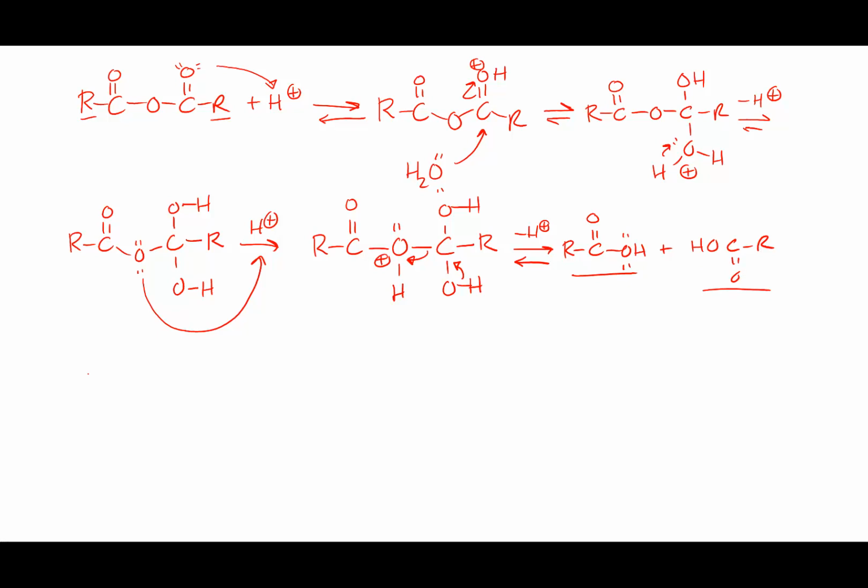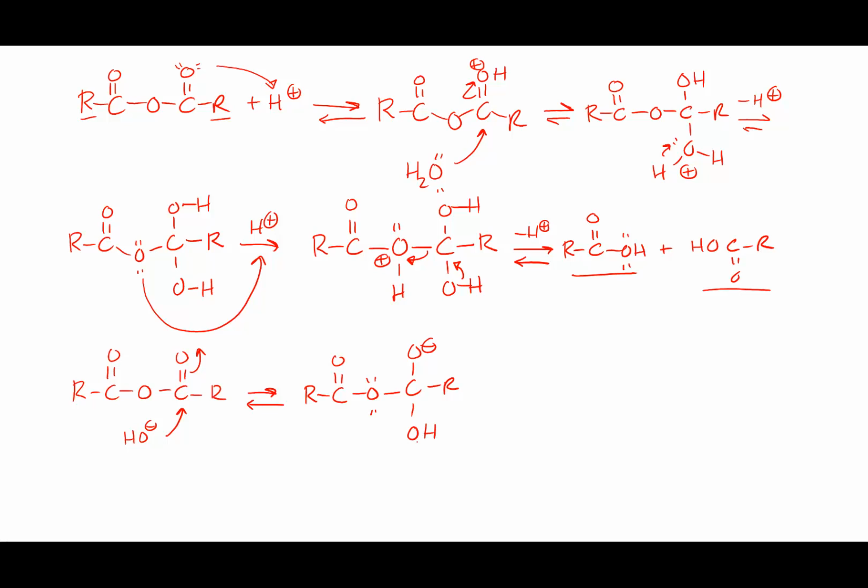catalyzed hydrolysis. The base catalyzed hydrolysis with the O- would basically be that the OH- would come in and attack the carbonyl directly. We would end up with an O- with the R group, with the OH group down here.